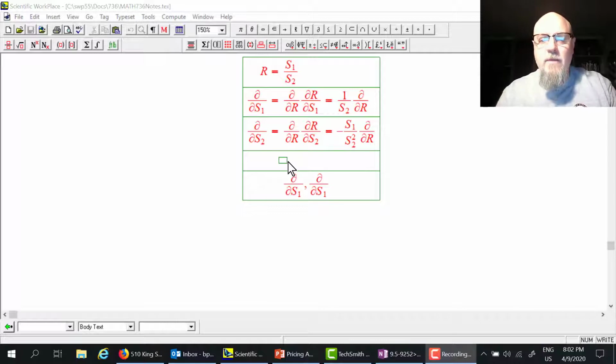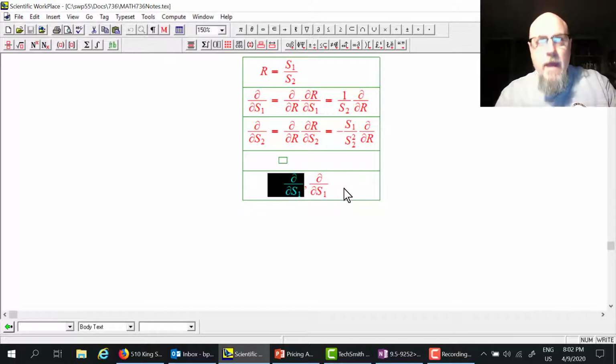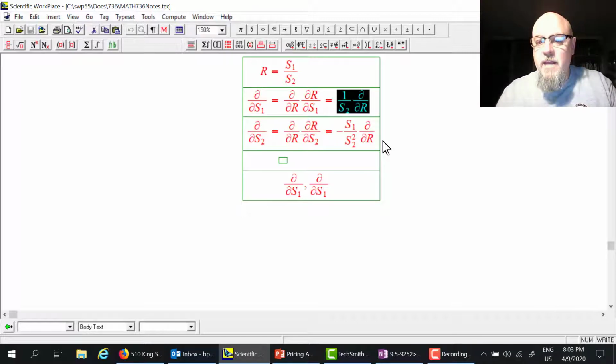To get the derivative of S1 and then S1 again, well, I've already got the first derivative. Take this and differentiate it again with respect to S1.